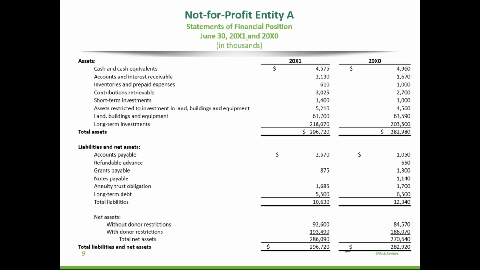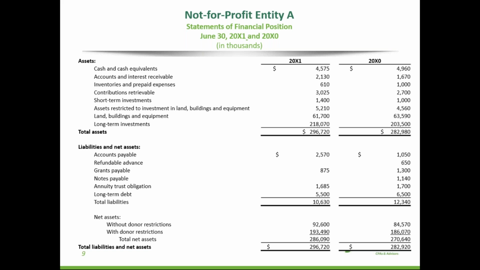The one thing we want to point out there is, though, if you are a not-for-profit, historically your without donor restrictions or your unrestricted may have been positive, but may have been positive because it was primarily made up of property and equipment. So when you do that, we may see that not-for-profits are showing deficits in their without donor restrictions category that you would not have seen before. So that's just one thing to point out there.